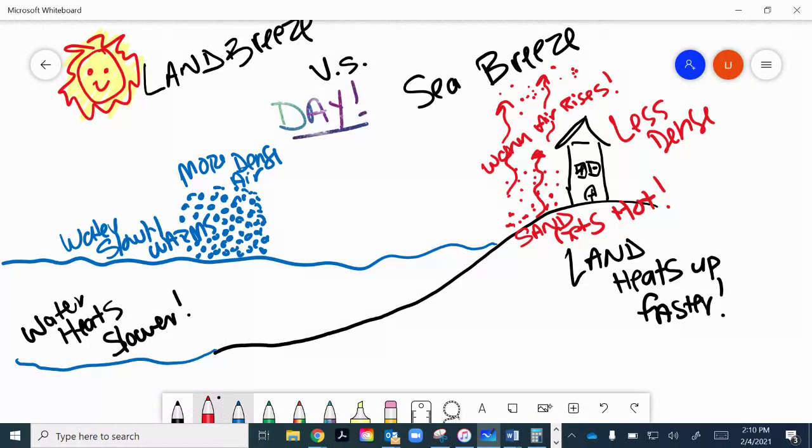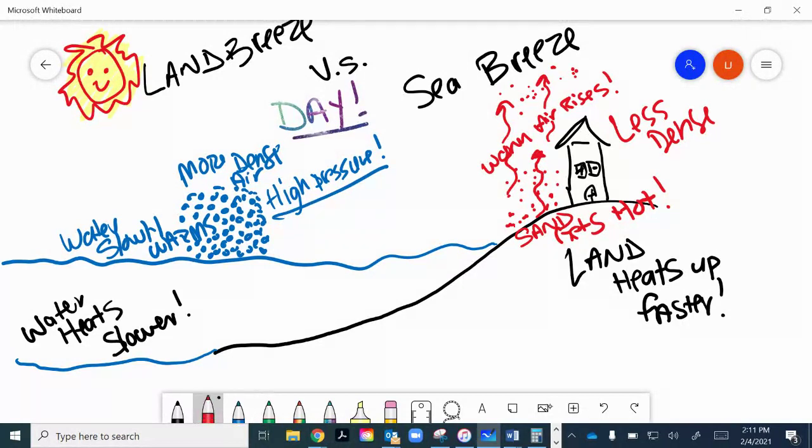Well, because it's more dense, if it's more dense air, then the pressure is high. So we're going to have a high pressure. Everything's pushing on itself. High pressure.